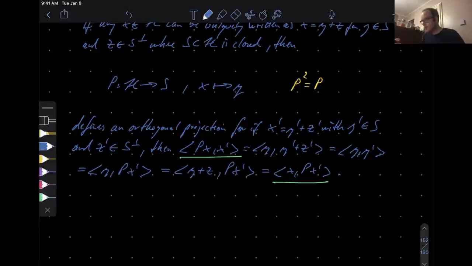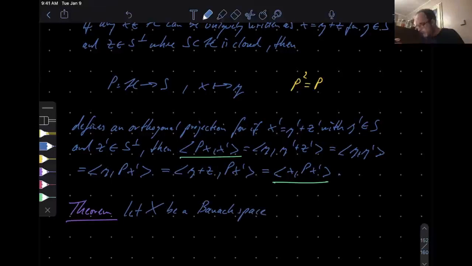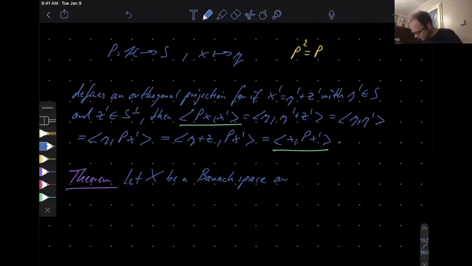But if you are no longer in Hilbert spaces, then this correspondence between projections and closed subspaces fails in general. However, there are a few special cases in Banach spaces where it can still work, and here is one that we will need later on. So let X be a Banach space and S a finite dimensional subspace.